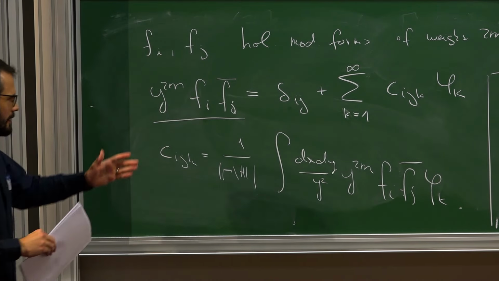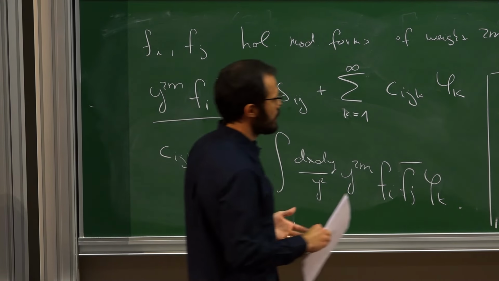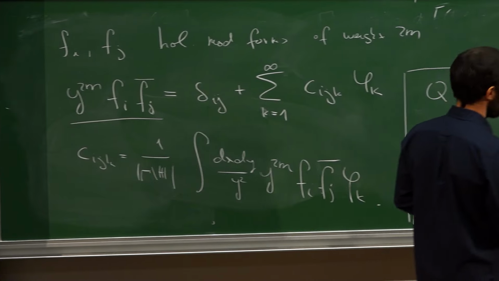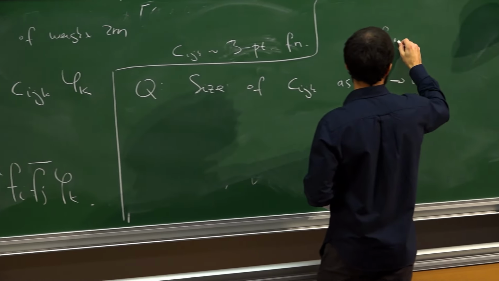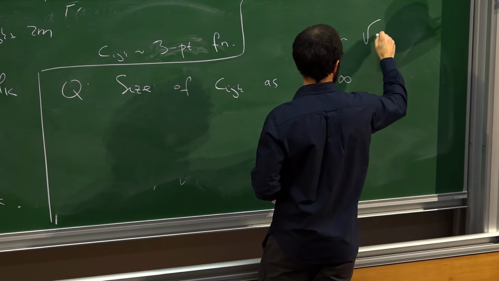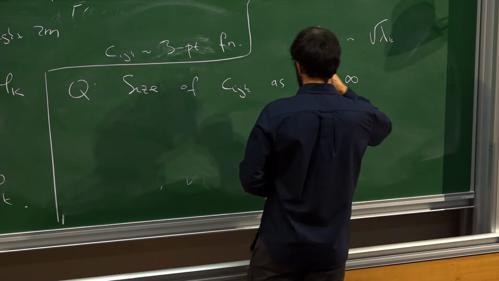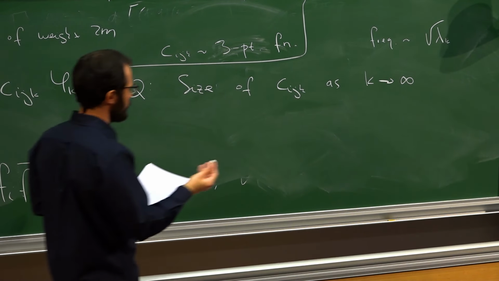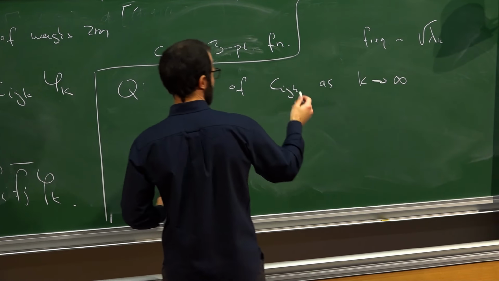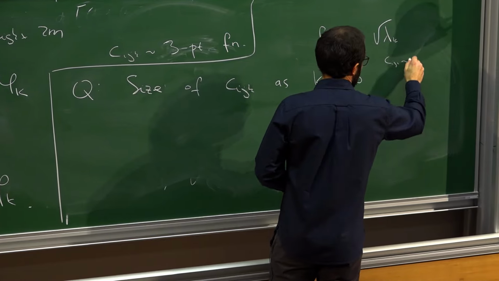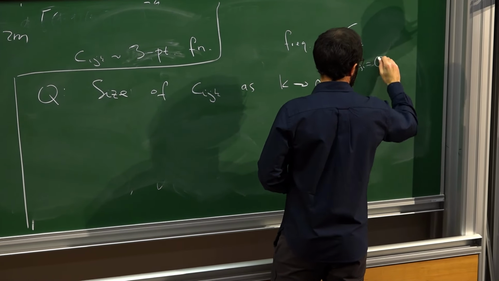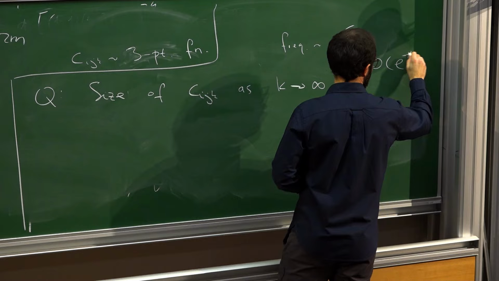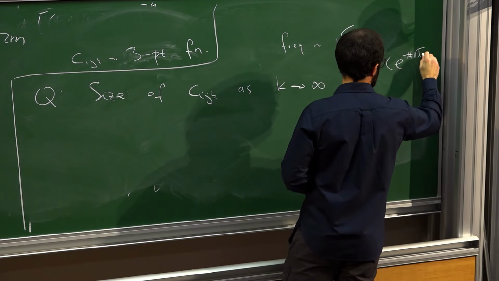So you may expect that C_ijk is exponentially suppressed in the frequency, and the frequency goes like the square root of lambda. So it should be of the order of e to the minus some number times square root of lambda.